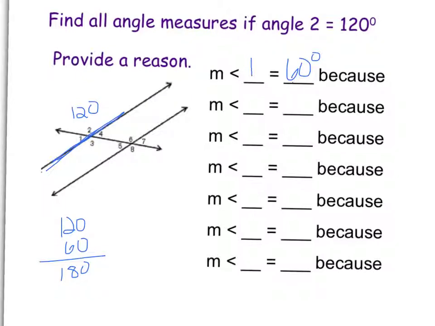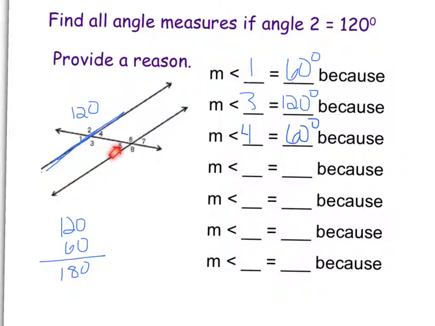Angle 3 is 120. My justification is going to be because it is vertical to angle 2. Now I'm going to go to angle 4. Angle 4 is 60 degrees because it is vertical to angle 1, or I could have said because it is supplementary to 2 or 3.